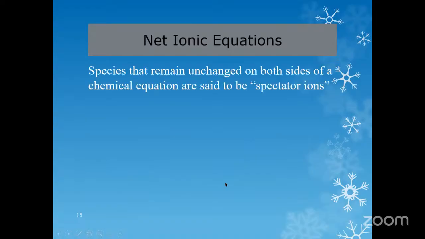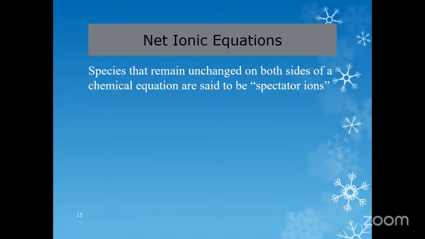So let's talk about net ionic equations. Very often reactions in an aqueous solution involve combinations of ions. What will happen is that you end up with a product which shows you which ions are directly involved in the reaction, and then there are some other ions which are not directly involved.